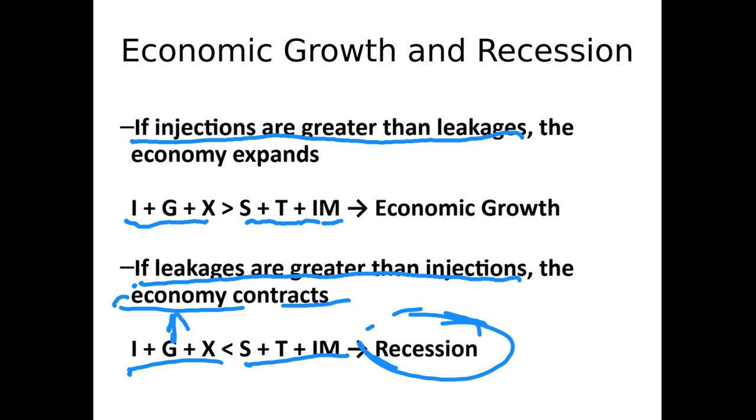So the government should increase its expenditure, or we should encourage more investment, or we should give subsidies to our export sector. Why are we increasing these three factors? In order to have more money in the system, so that it will be used to produce goods and services. Okay, that is basically to increase the demand for goods and services.